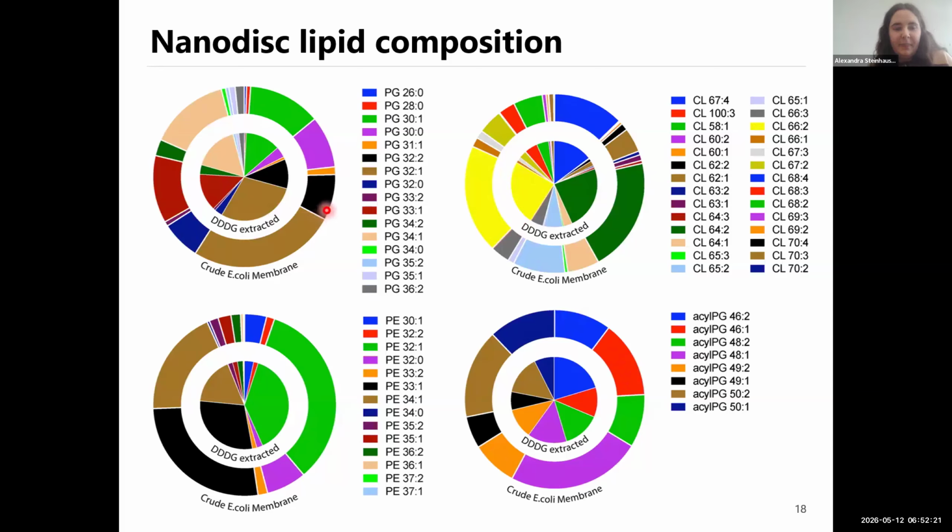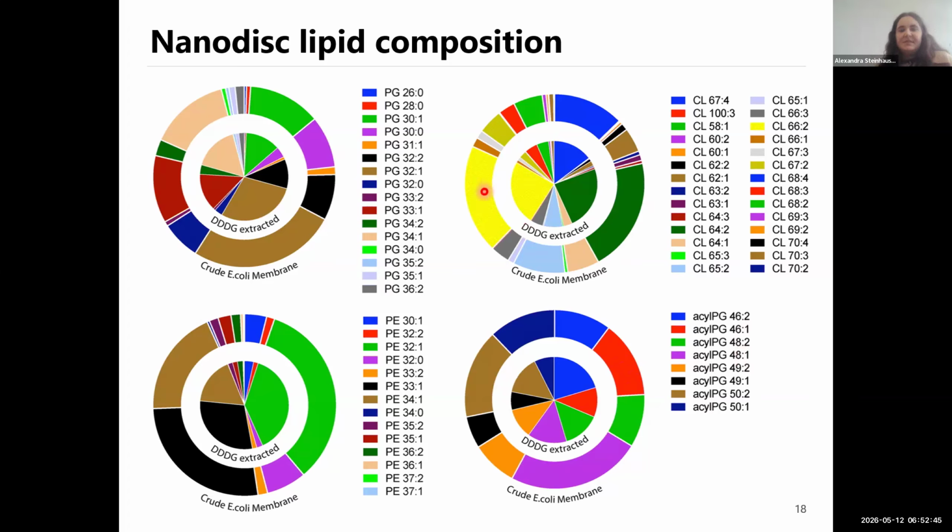In the outer circle, this is the E. coli membrane without any nanodisc, so just the membrane. And PG, for those who don't know, is short for phosphatidylglycerol. PE is phosphatidylethanolamine, CL cardiolipin, acyl PG, acyl phosphatidylglycerol. The first number is the number of C atoms, and the second number is the number of double bonds in this case.